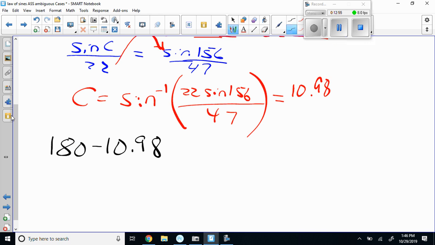So 180 minus 10.98 is how much? What's 180 minus 10.98? 169.02. Would y'all agree? Yes or no? Okay.